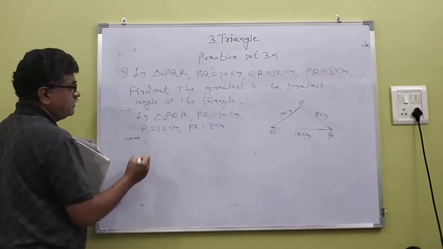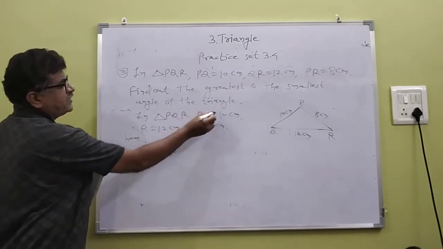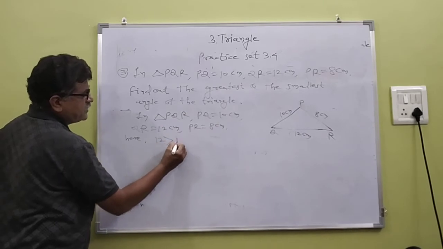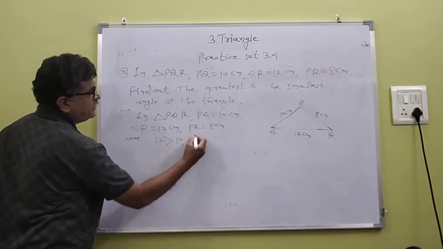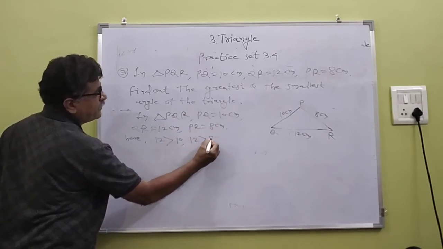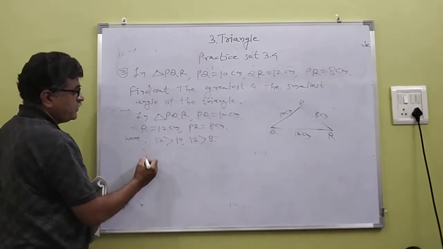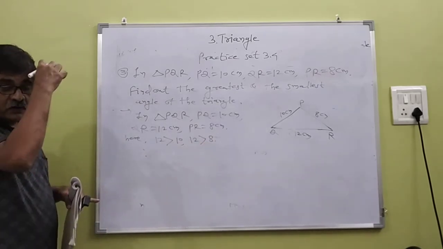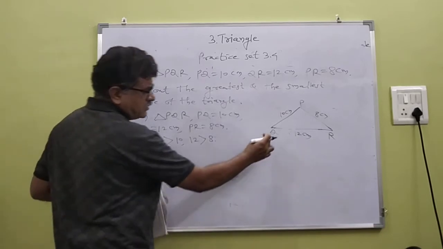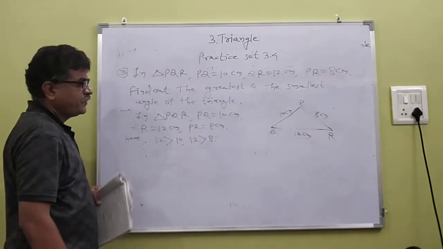Here 12 is greater than 10 and 12 is also greater than 8. Therefore here 12 is the side QR.